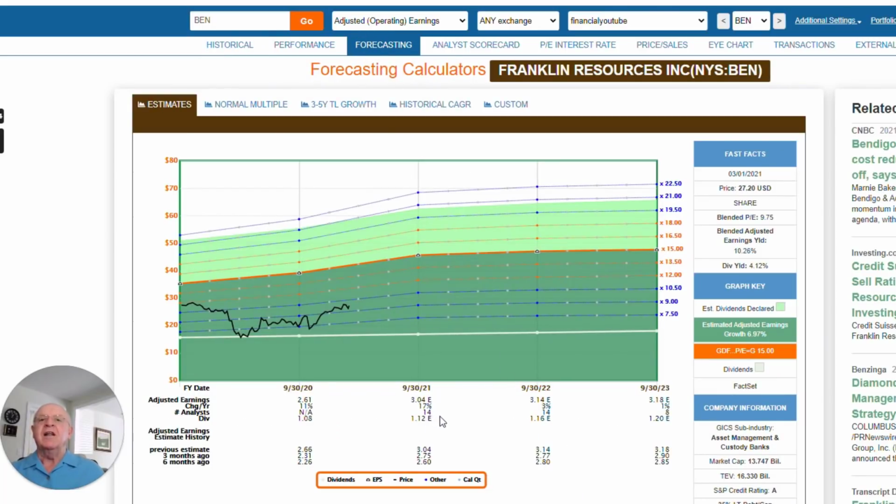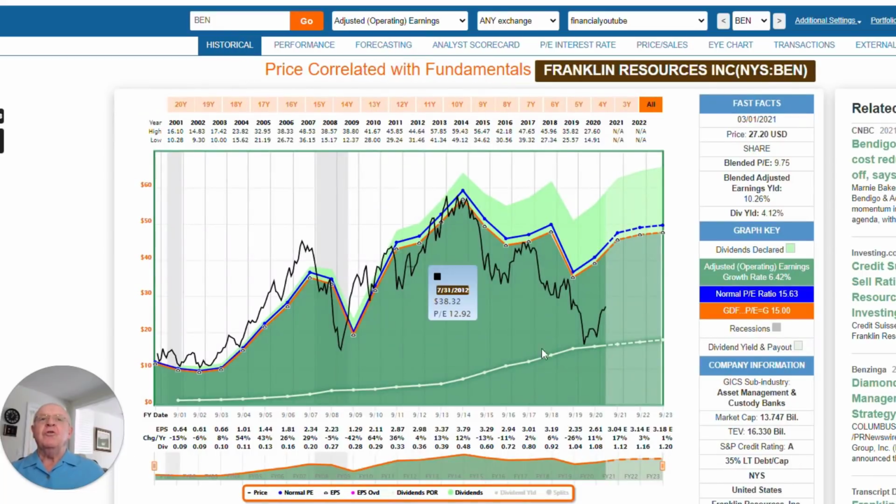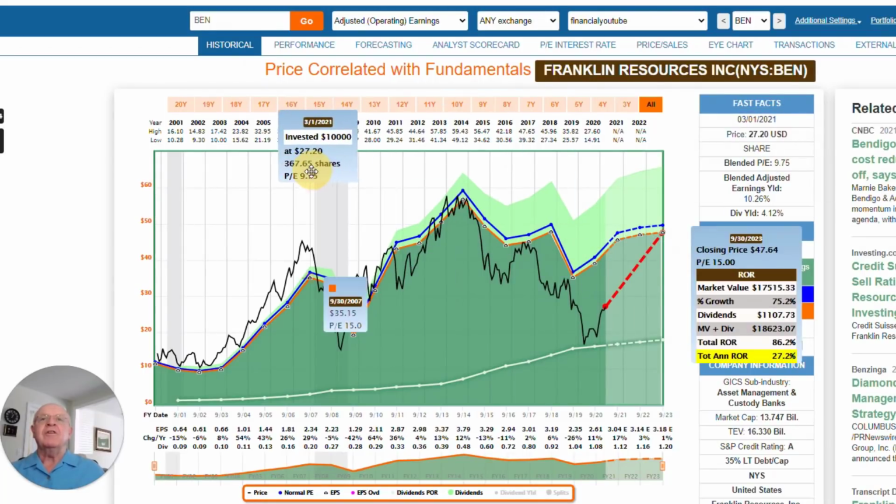Forecasts going forward are a little more positive than they've been. There are 14 analysts. They were forecasting $2.60 a share for 2021, which, by the way, ends in September. They're now forecasting $3.04, so they're getting more positive on the stock. There is a high margin of safety, so the rate of return potential for this company, based on its extremely low valuation, could be extraordinary over the next couple of years.